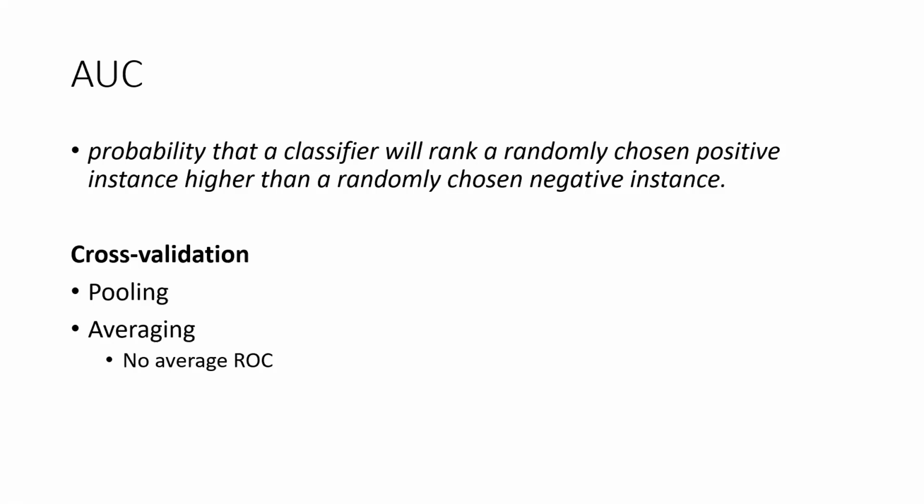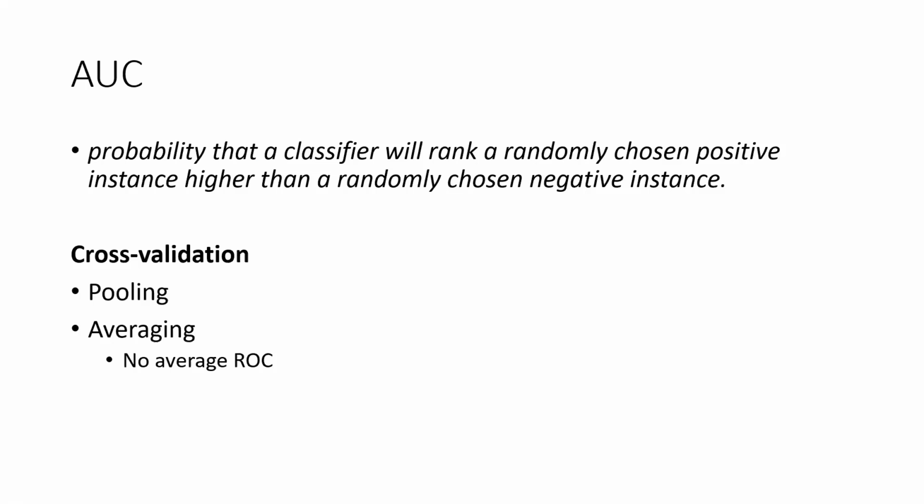And when we do cross validation, like if you remember from the previous slides, I talked about the performance metric. That performance metric can be your AUC. The paper that I asked you to read talks about two ways of combining AUC in a cross validation setup. One is pooling and the other is averaging. Averaging is okay when you're doing accuracy and those kinds of metrics.